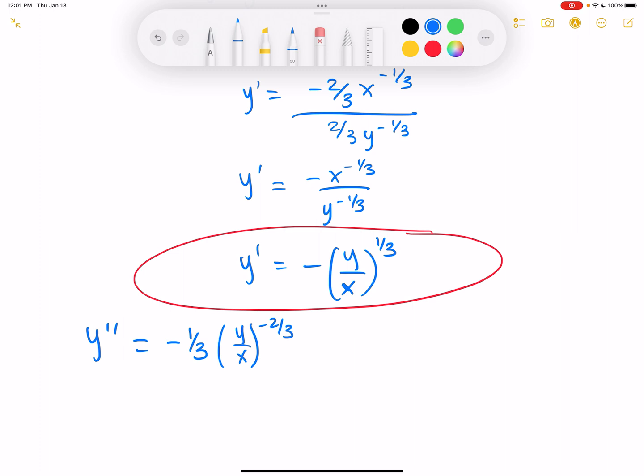To the negative 2/3. Y prime. This is y prime. Oh wait, no. Quotient rule. Yeah.